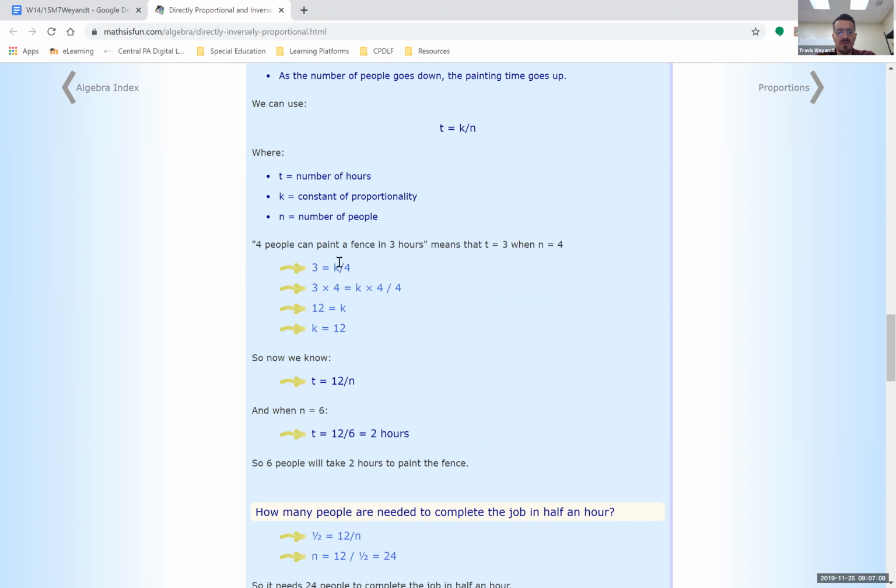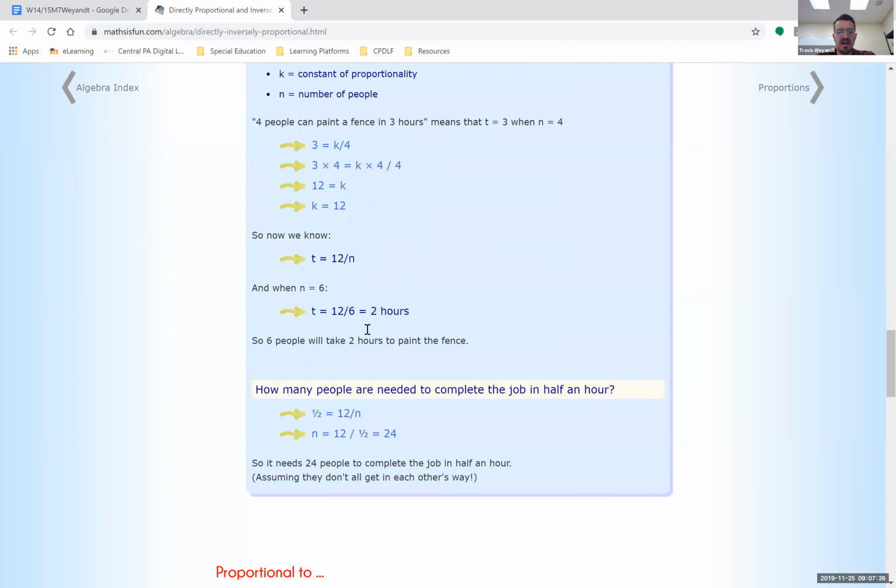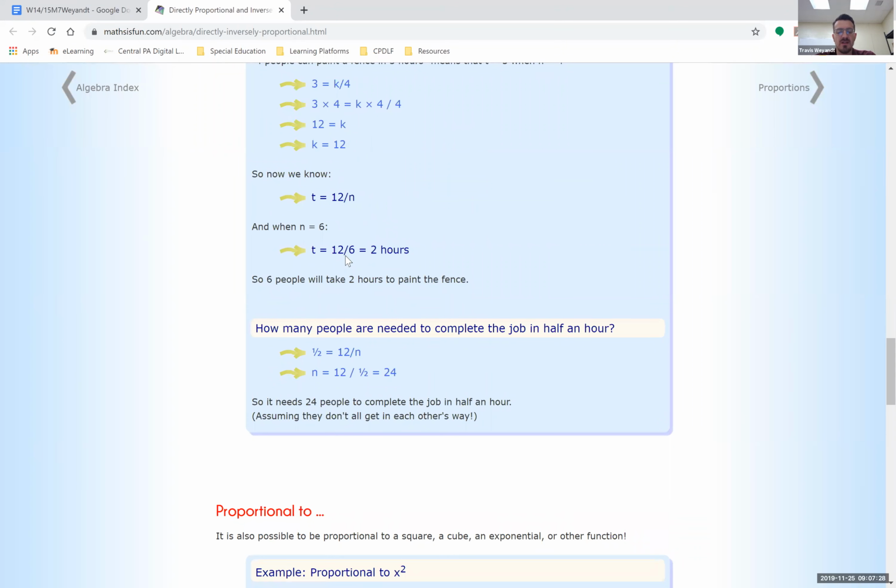If I multiply by 4 on both sides, which is a rule of equations, what we do to one side, we do to the other, and it's the opposite operation, I multiply by 4 here and on the other side and get 12. So k equals 12. Then again, I can use that to solve problems when I'm given an x and need to find a y value, or given a y and need to find an x value.